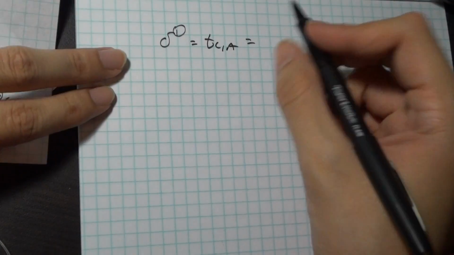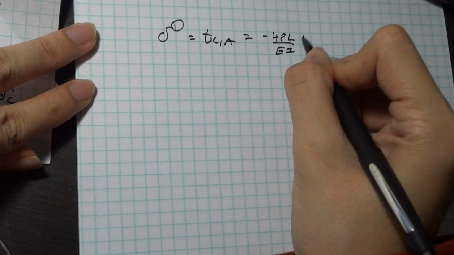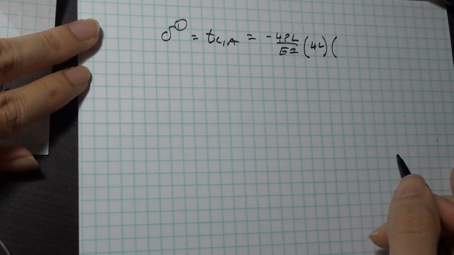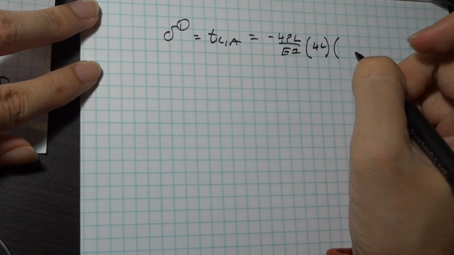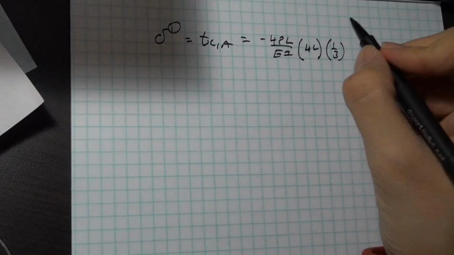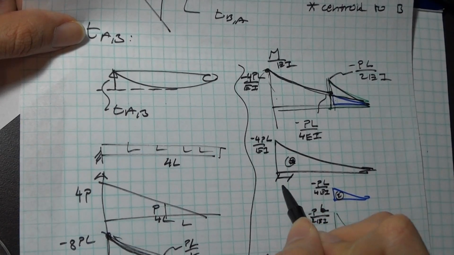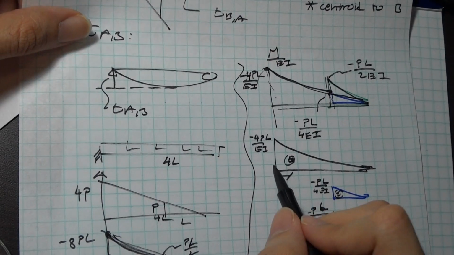So that is equal to the height of the parabola, which is negative 4PL on EI. The base of the parabola is 4L. The area coefficient: the coefficient for a triangle is 1/2. The coefficient for this type of parabola is 1/3. 1/3. The distance to the centroid: the centroid of this kind of parabola is here. That is 1/4 of the base away from the tall edge.